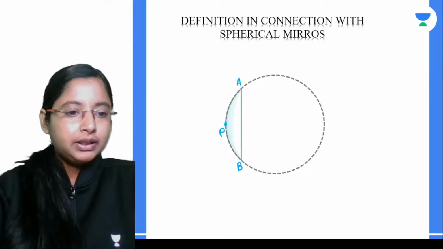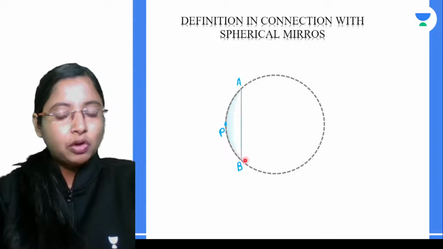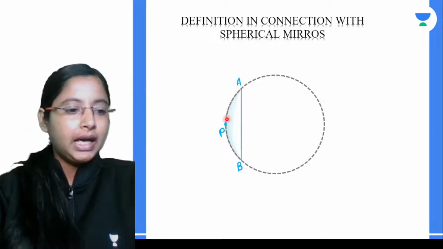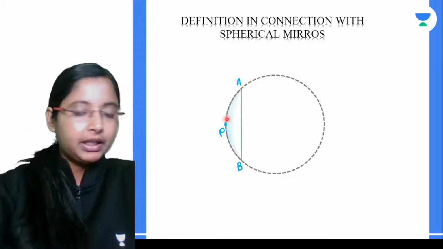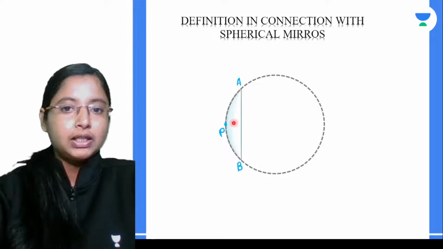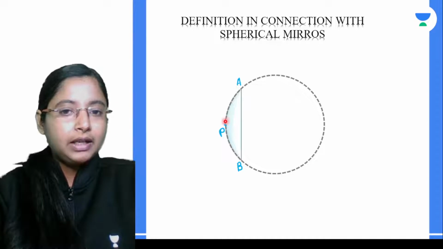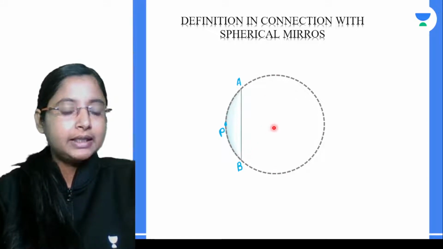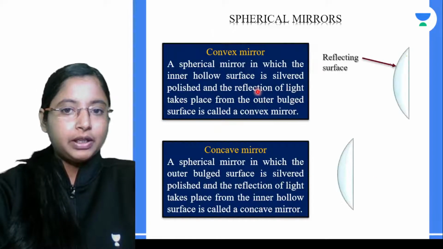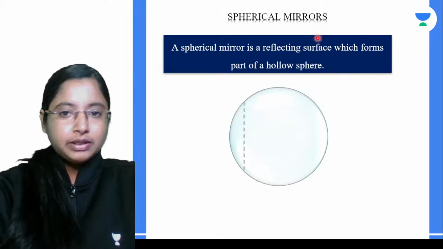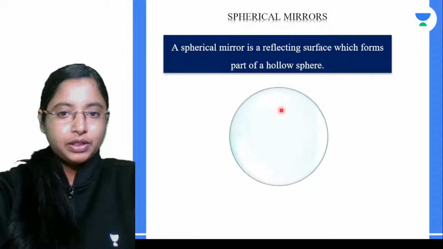Now this spherical glass surface is also a part of a hollow sphere. This particular hollow spherical shell has a center. So what is the center point of this glass sphere?